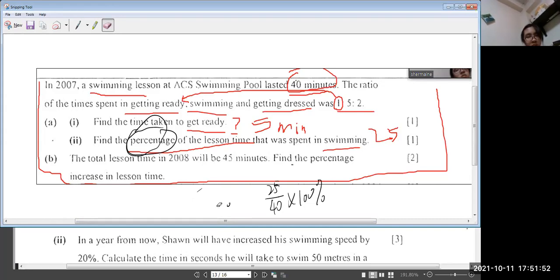But normally the question never asks you to convert. Normally the question will be percentage of. Can you see percentage of? Yeah. If percentage of, you need to use something over the total. Now they want percentage, you times 100%.